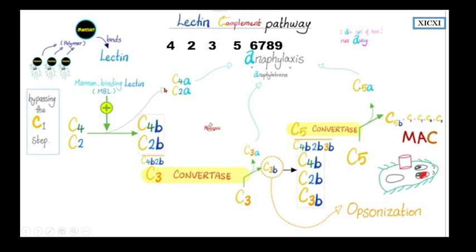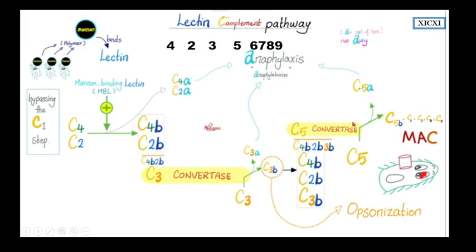These C4b and C2b will form what you call C3 convertase. This is the enzyme which will activate C3, meaning there is going to be formation of C3b and C3a, and C3b remains in the cascade. So this C3b together with C2b and C4b, all of these three, are going to form what you call C5 convertase.